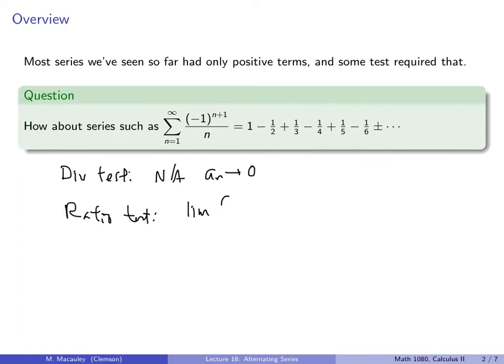So the limit of a_{n+1} over a_n, that limit is going to be (n plus 1) over n, and that's going to be 1, so no information. So we really don't have anything to tell if this diverges or converges.